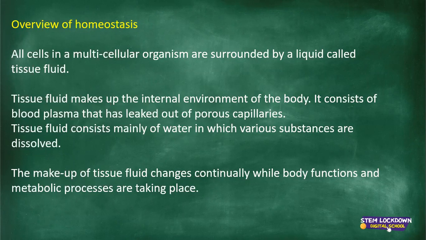Different types of nutrients and substances are released into your body. If you're taking some medication, that would also have an effect on your tissue fluid. That's why it's continually changing, because of these body functions and metabolic processes which are continuously taking place.